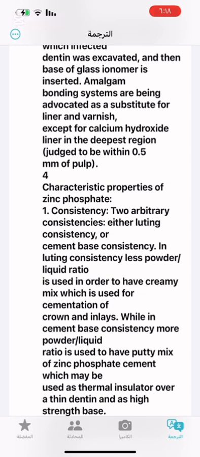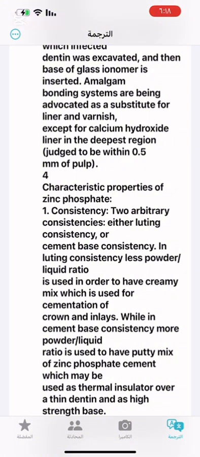4. Characteristic properties of zinc phosphate. 1. Consistency. 2 arbitrary consistencies, either luting consistency or cement-base consistency.